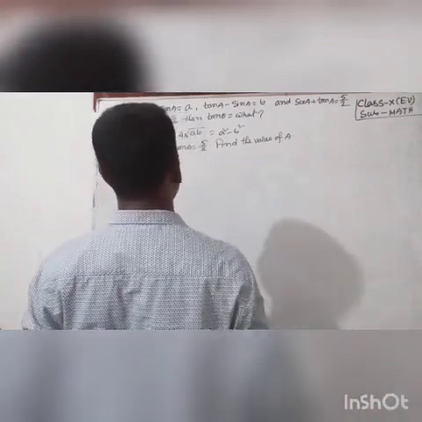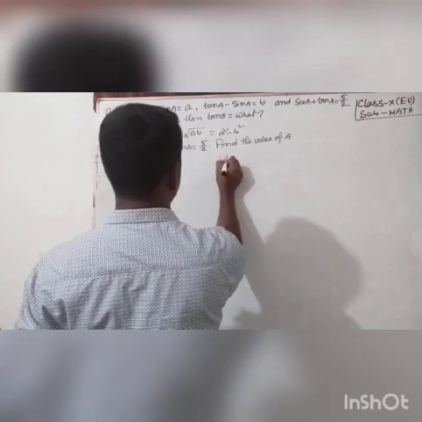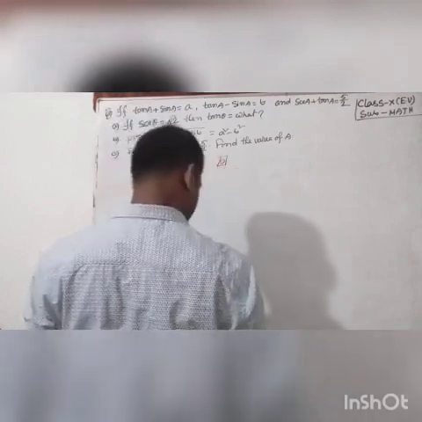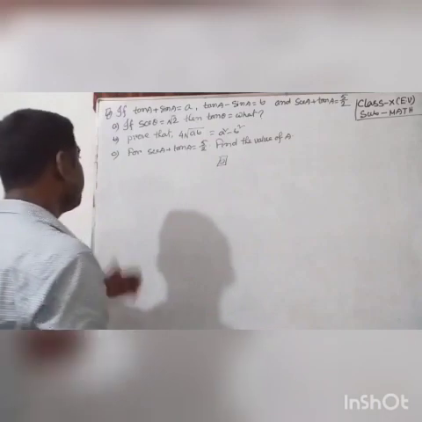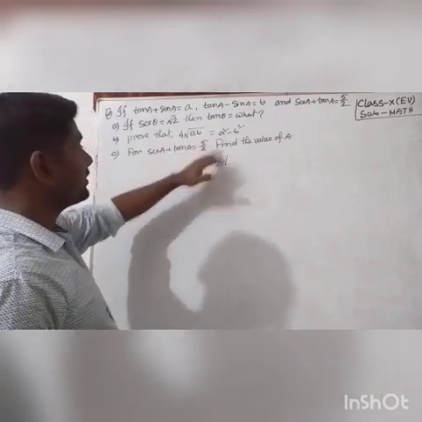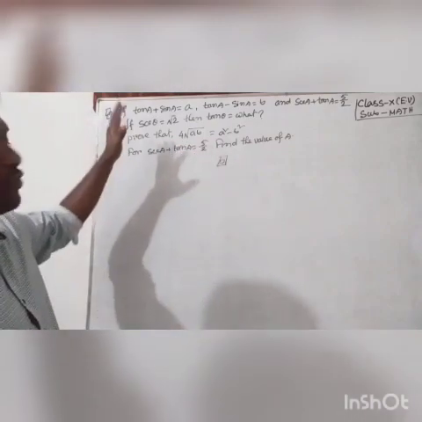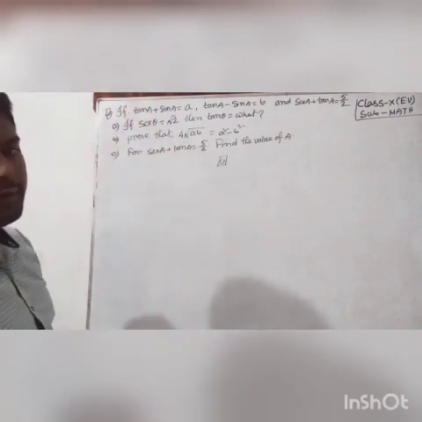Number B. Prove that 4 root over ab equals a square minus b square. So we need the value of a and b.